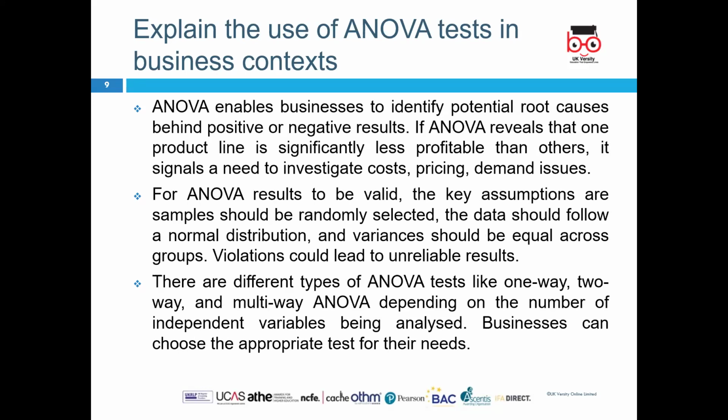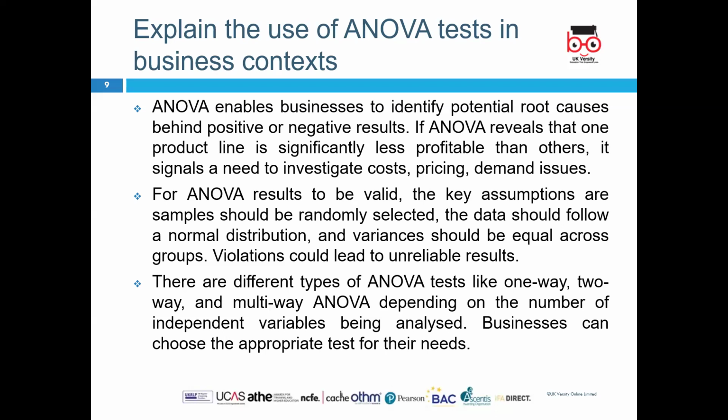ANOVA also helps businesses identify potential root causes behind positive or negative results. If ANOVA reveals that one product line is significantly less profitable than others, then it signals a need to investigate costs, pricing, and demand issues. Basically, it all relates to how ANOVA and the statistical tests can be used for making business decisions.